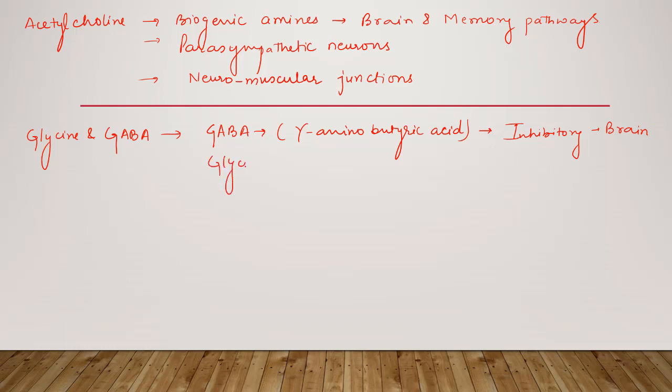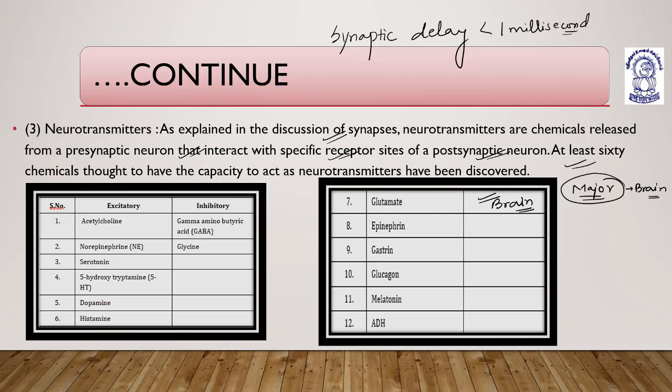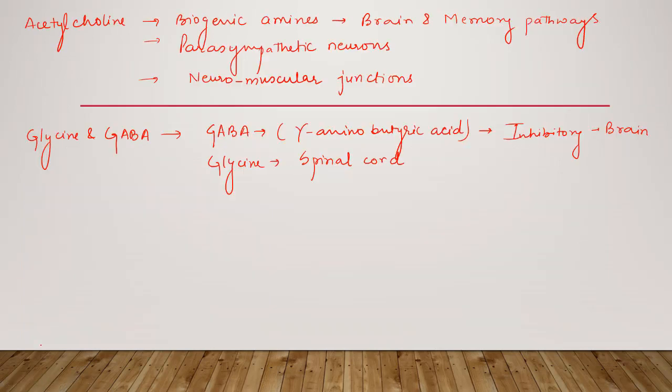Glycine is secreted in the spinal cord. The inhibitory neurotransmitters include gamma aminobutyric acid in the brain and glycine in the spinal cord.